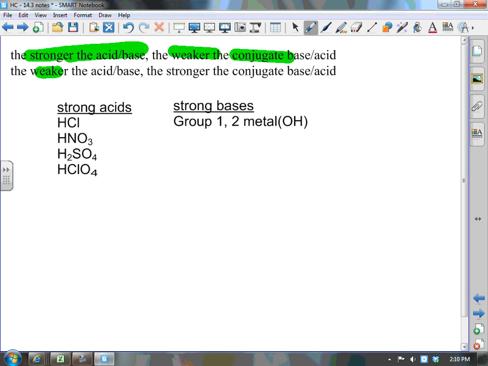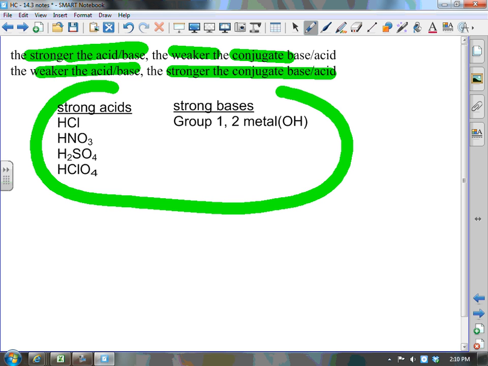If the acid or base is weak, its conjugate is strong. The last thing here, we want to remind you, what are all these strong acids and bases by definition? This is something we talked about in section 1, but wanted to remind you again of what they are.